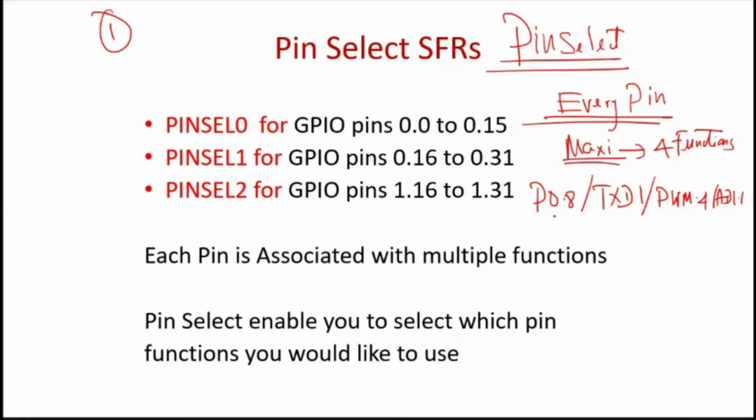What is the default function? This is the default function. We have 3 more functions here. This is called the first special function, this is the second special function, and this is the third special function. Unless you specify anything, the microcontroller will do the default function.